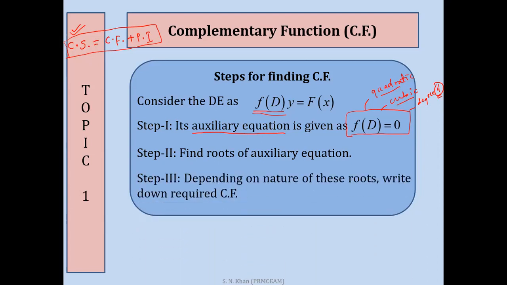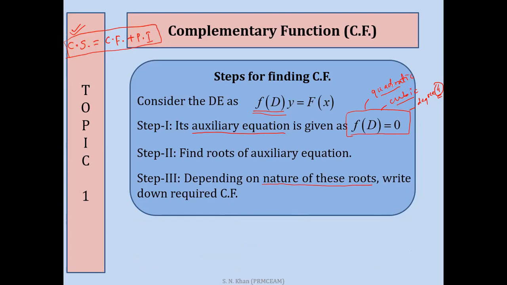After that, step number 3, depending on the nature of these roots, we have to write down the required CF. So depending on the nature of these roots, it is important. We have different formulae for finding CF, or different cases, and these cases depend on the nature of the roots which we are getting here.